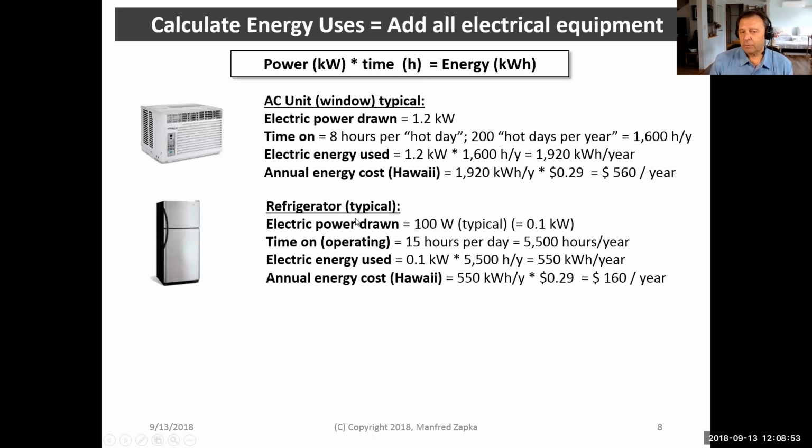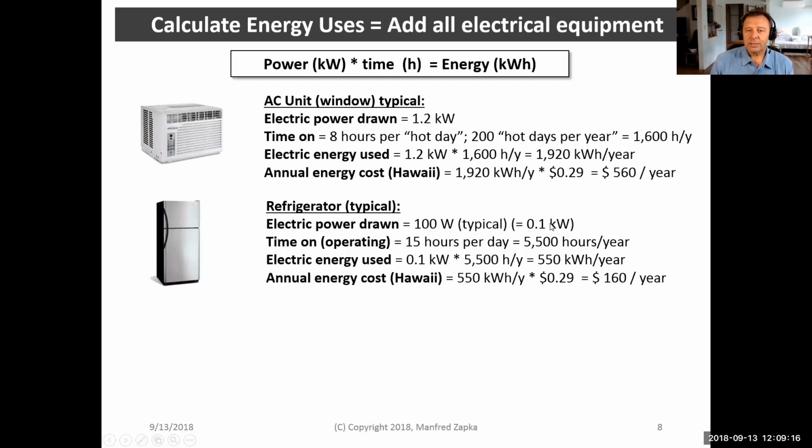Next one is a refrigerator. A typical, effective Energy Star refrigerator is like 100 watts, or 0.1 kilowatt. The operating time is about 15 hours per day. It's not that we switch it off in the remaining time, but it cycles on and off.